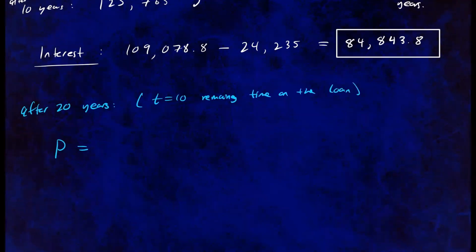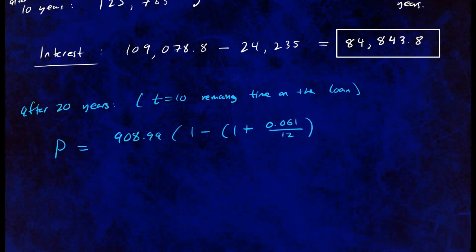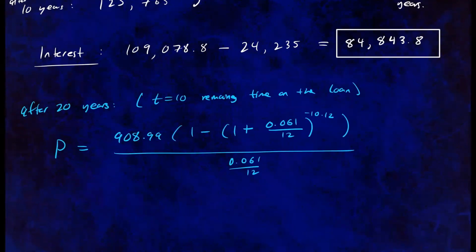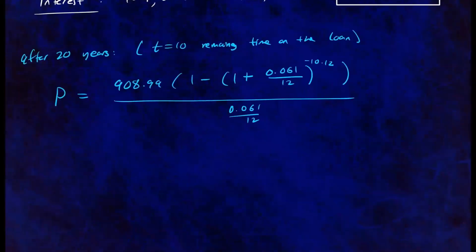We'll have the same setup. P is equal to R, which is 908.99, times 1 minus 1 plus the rate, 0.061 divided by 12, to the power of negative 10 times 12, all over 0.061 divided by 12. This will be the balance on the loan after 20 years.